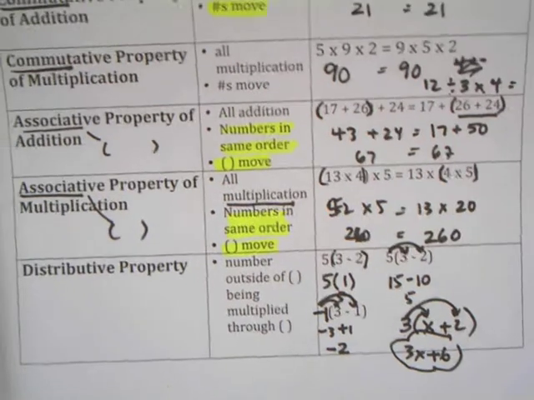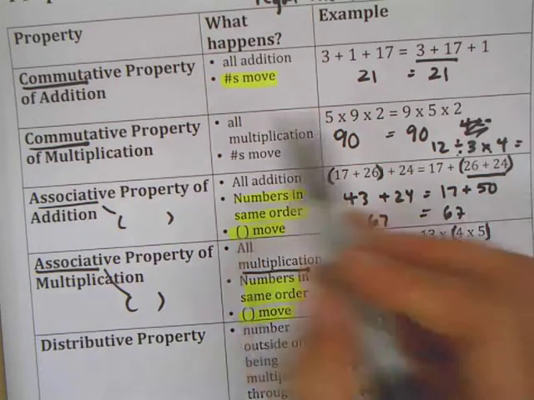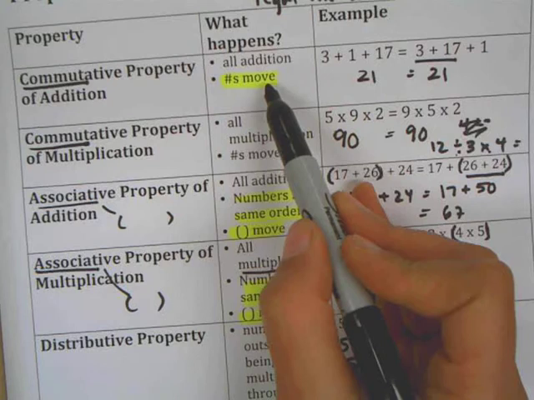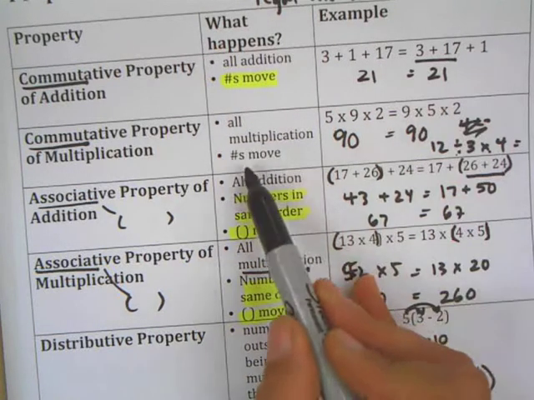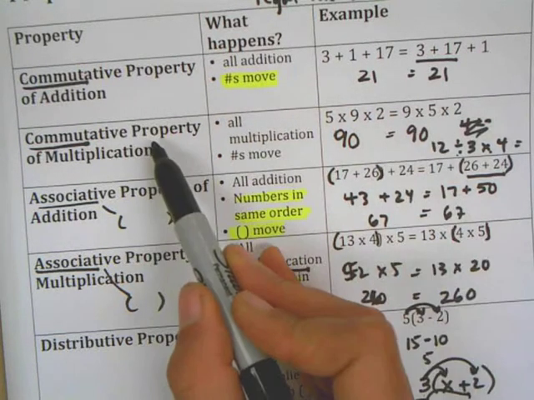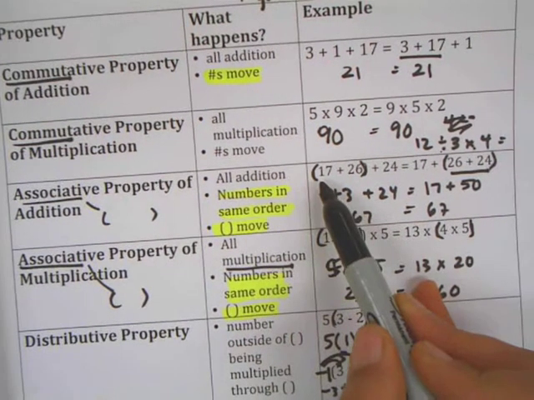So once again, the properties really are a way to help you justify your thinking. It's good to know the names of them, but it's not really an exercise in just memorizing what's what. But once again, commutative, numbers move, either all addition, commutative property of addition, or numbers move and all multiplication, commutative property of multiplication.